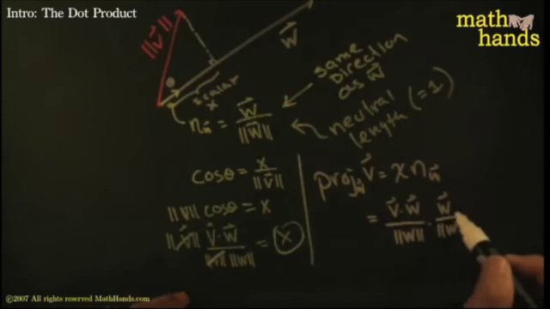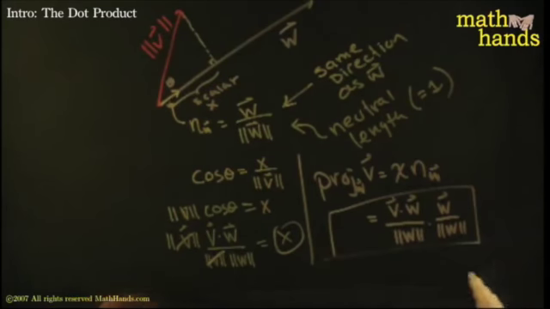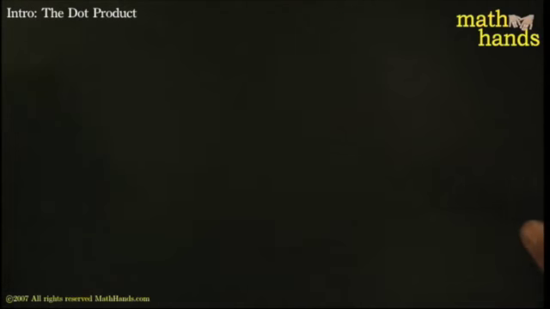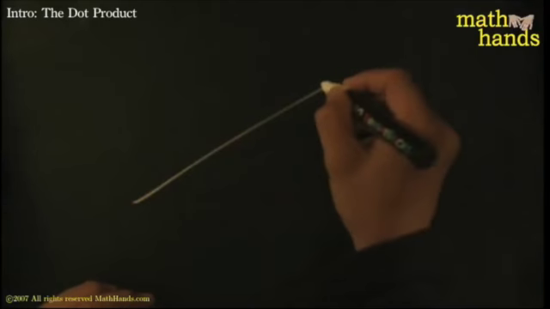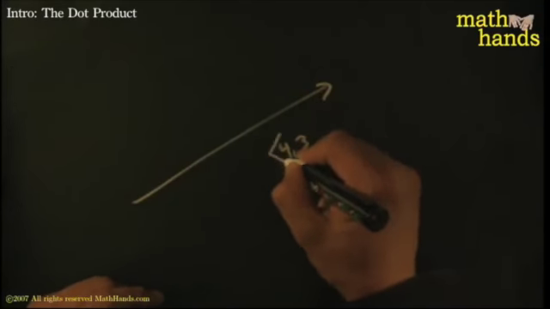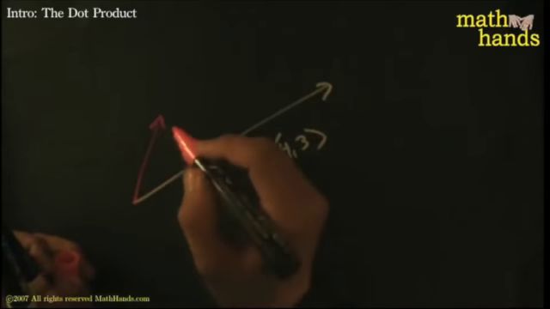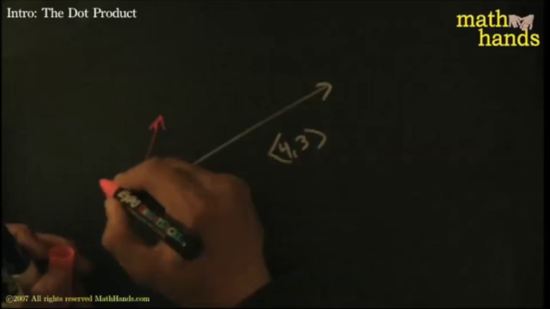That would give you exactly the right direction, the same direction as W, but it has not normal or neutral length. It has the length 1. So these are the important properties. It has the same direction as W, but it has a neutral length. It has length equal to 1. So all I gotta do now is scale this one.